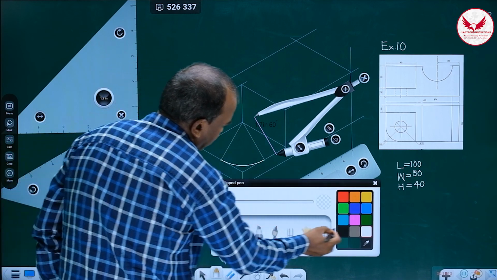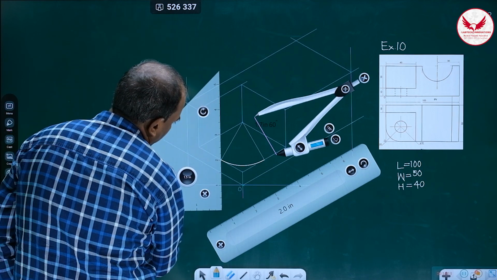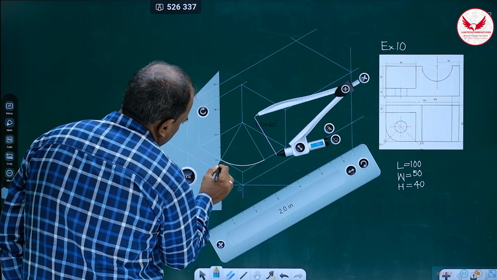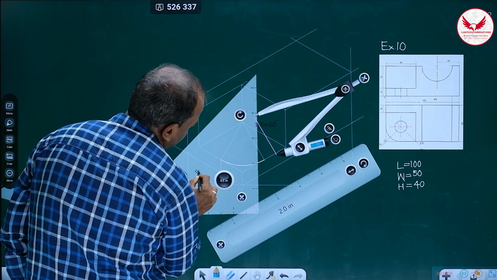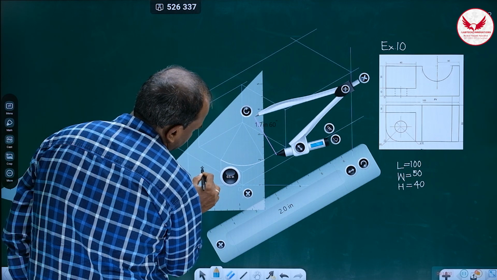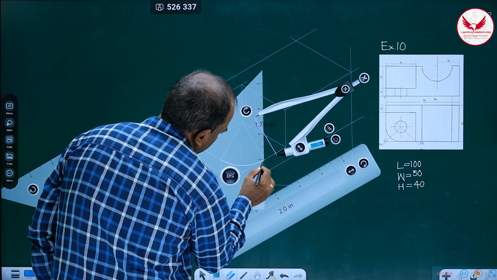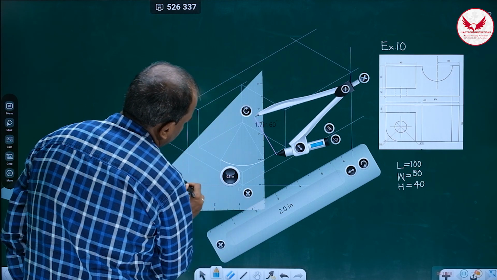Which 3 points? From this point to this point, it is by 10, which means it will match with that lower edge. Again, if I shift this also by 10, it will match with this.